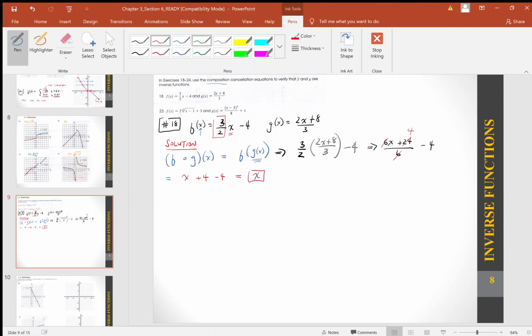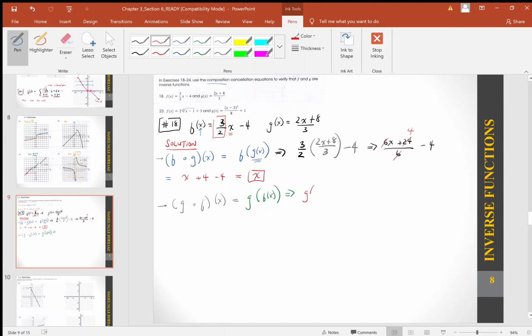Okay. Now I'm going to do the exact opposite, where I'm going to say g of x equals g of f of x. And I'm going to do the same thing. In doing so, what I'm going to get is this g of f of x, I'm sorry.